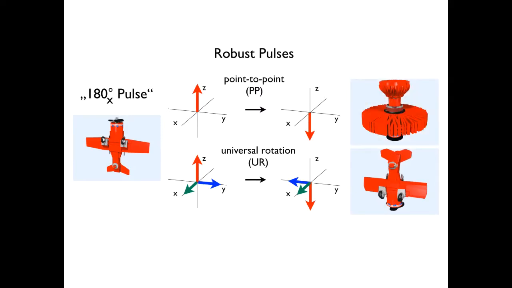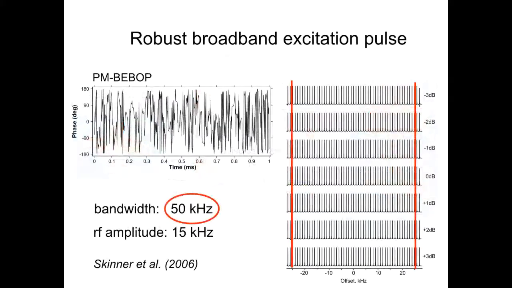In this case the nose is pointing down, but again, we don't care where the wings are. And these are some experimental results where we check that for all these different offset ranges and scalings of the control amplitude, we get the proper performance of the sequences.